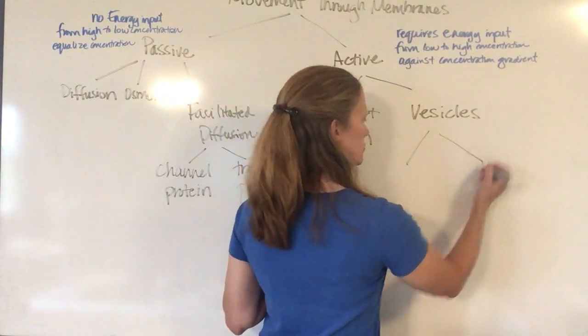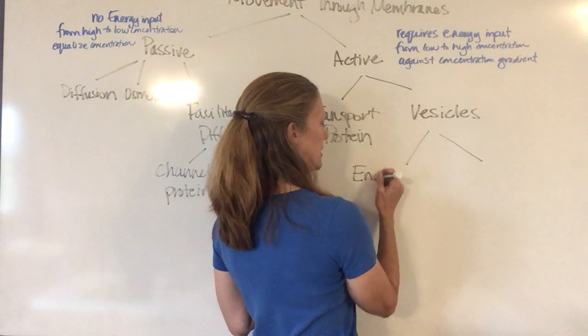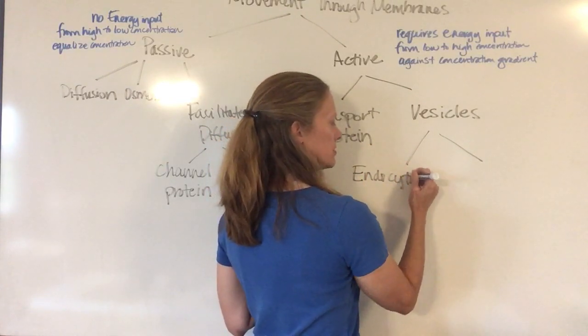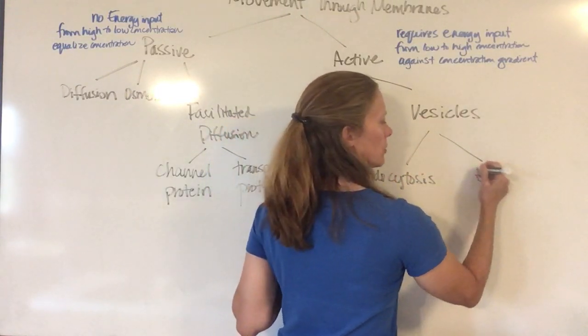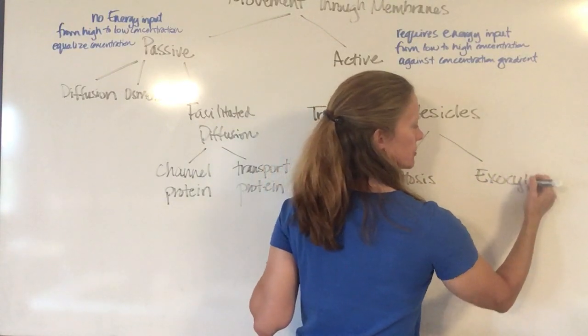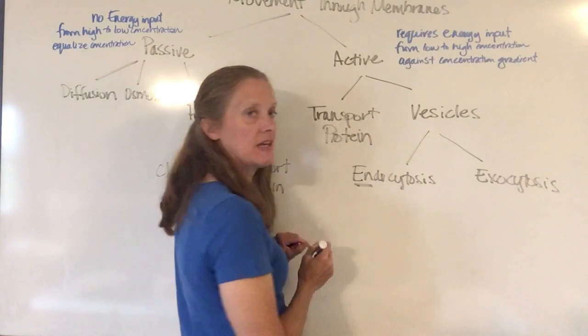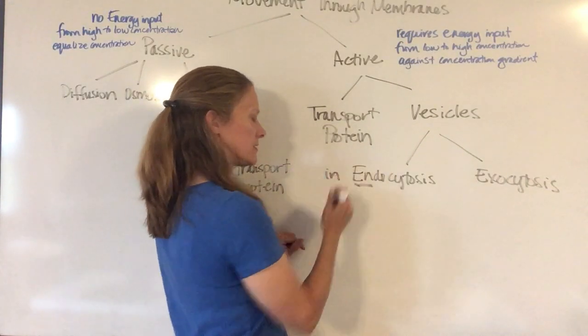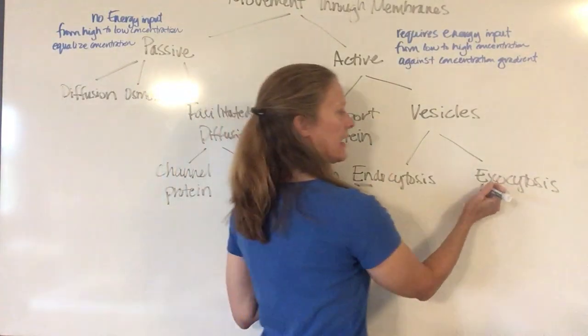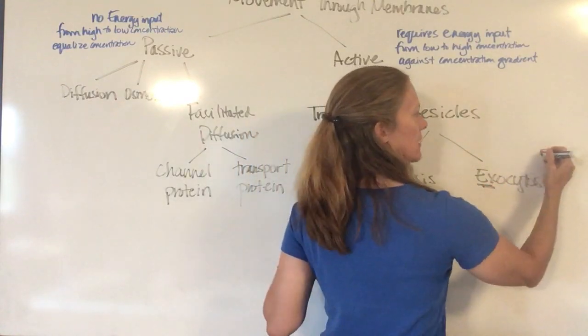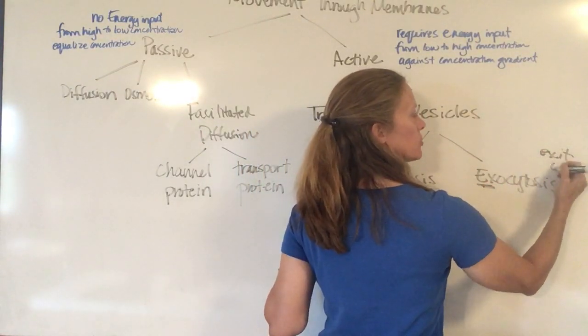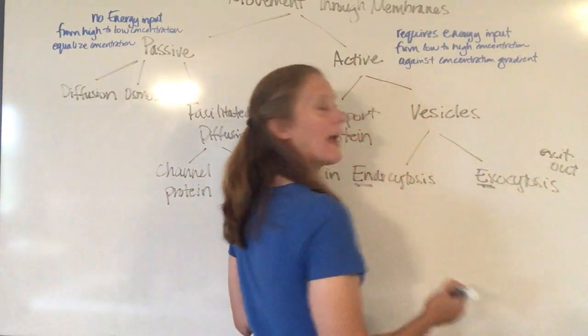So we'll divide this into 2 pieces. One is called endocytosis, and the other is called exocytosis. Now, endo, if you see the EN there, that's going to go in the cell. And exocytosis, X should remind you of the word exit, which means things are going to go out of the cell.